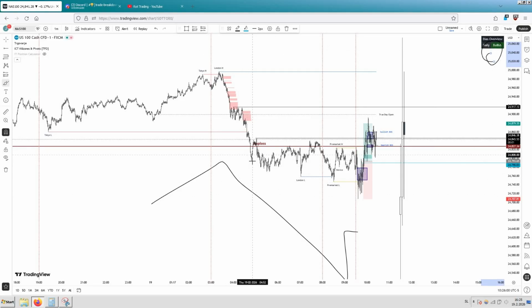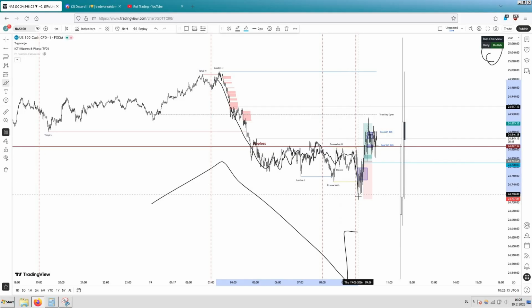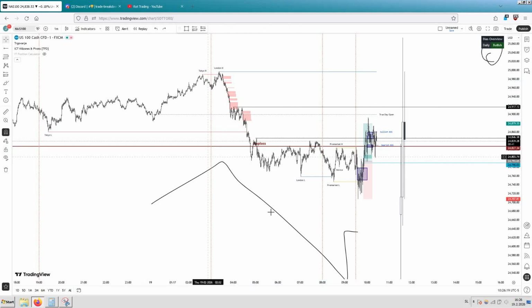And what else do we have? We have distribution lower, which becomes accumulation. This is now accumulation, manipulation, distribution. We have accumulation, manipulation, therefore distribution should be higher. So we have those three confirmations before we even enter the trade.